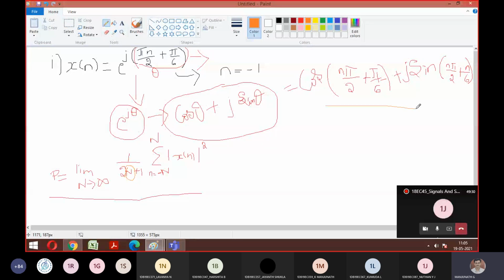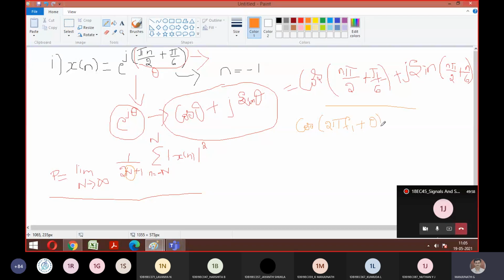So what was the procedure we used to do here? We used to compare this with a base formula. What was the base formula you used to choose? Cos of 2 pi f. Good. Since you have two separate signals, I will choose this as cos of 2 pi f1 plus some theta. Agree, everyone?